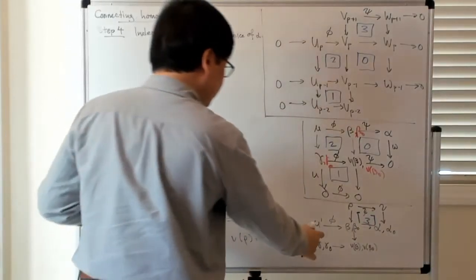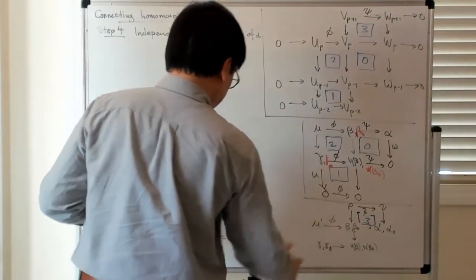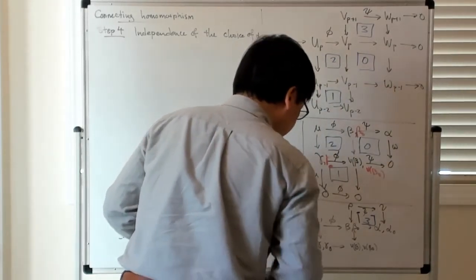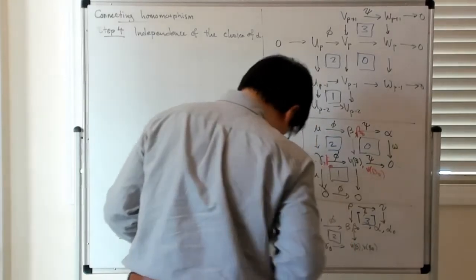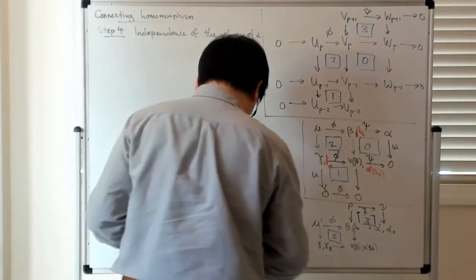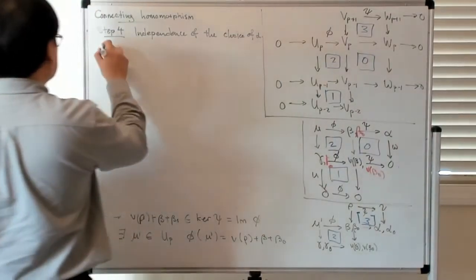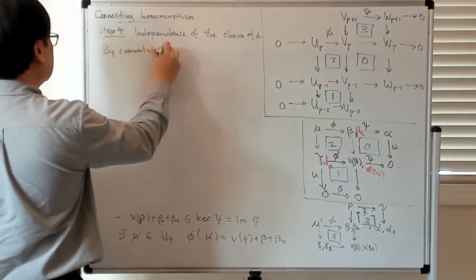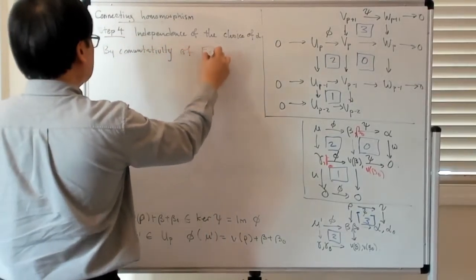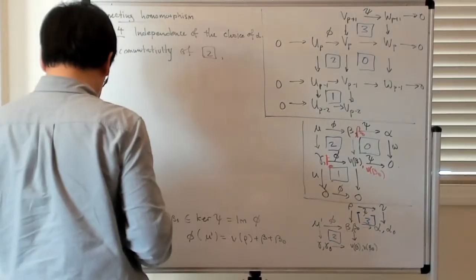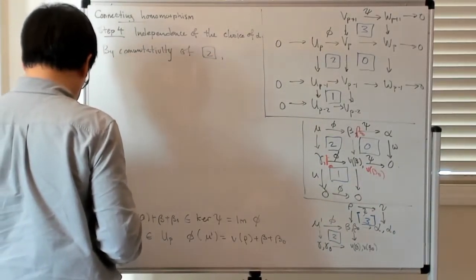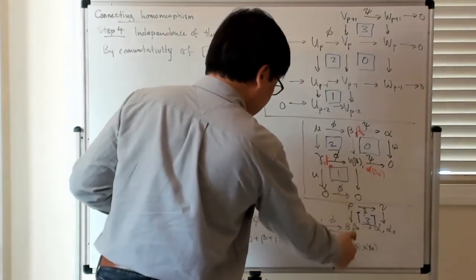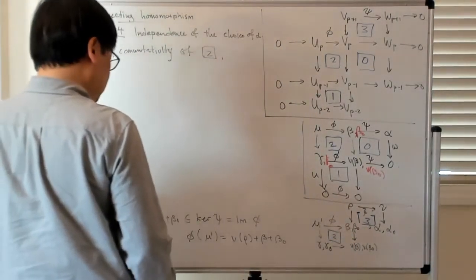So now we're going to use commutativity of the second block, and the fact that the boundary squared is equal to 0.